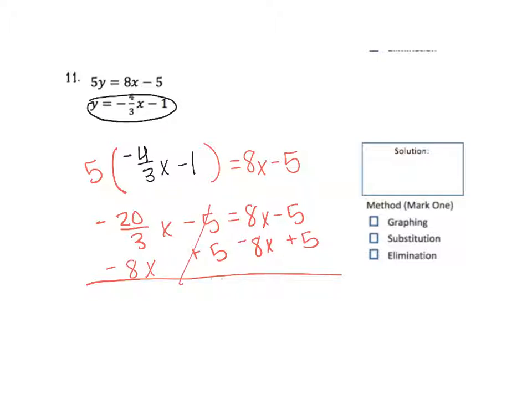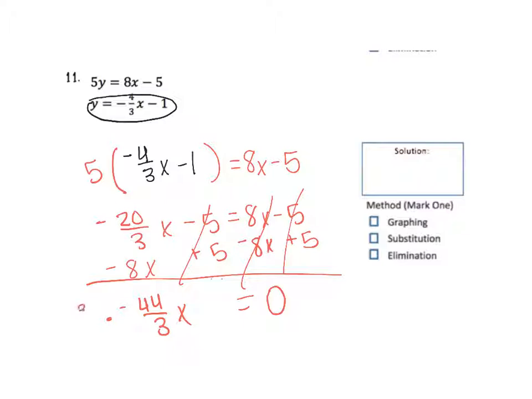These will cancel, and we notice that these will cancel, but what's left over here is a 0. It's not nothing, you'll put a 0 in its place. And a negative 20 over 3x minus 8x, that's the equivalent to negative 24 over 3. So that's a negative 44 over 3x is equal to 0.